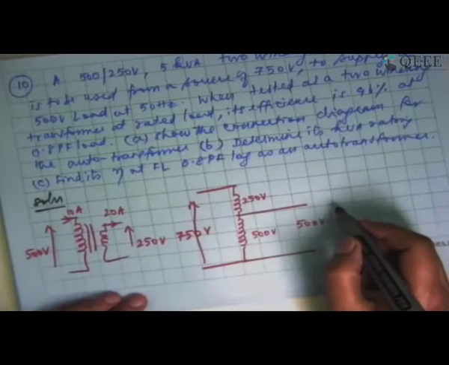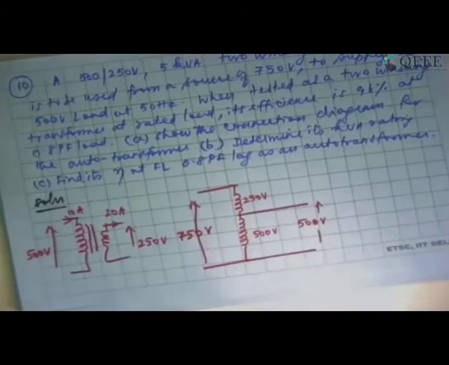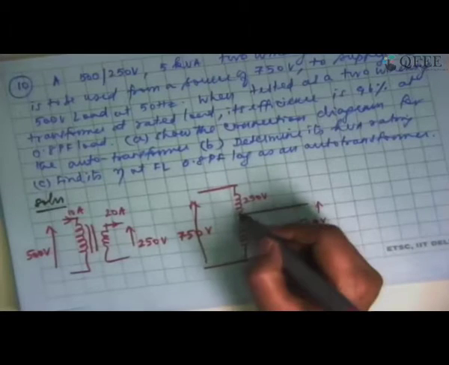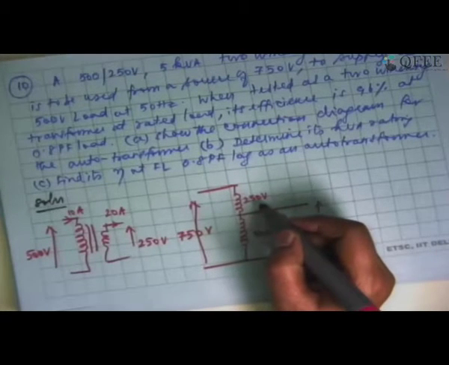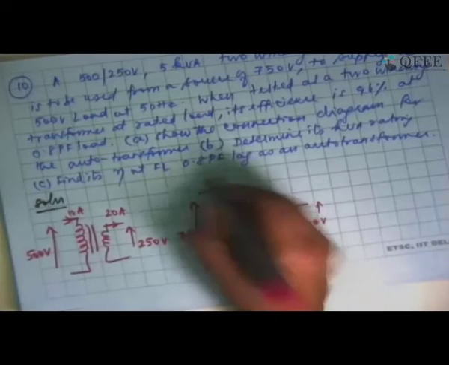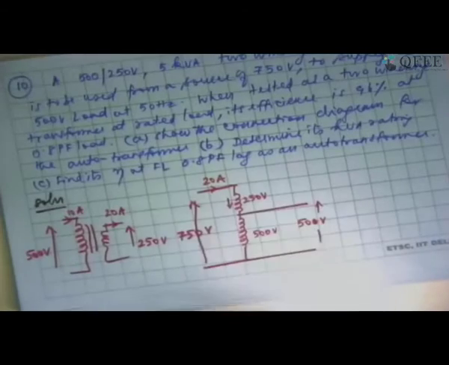So I have to look at what is the maximum kVA rating that I can have. If the input is 750 volts and the 250 volt winding can at most carry 20 amperes from what has been given, so the 20 amperes flows like this.